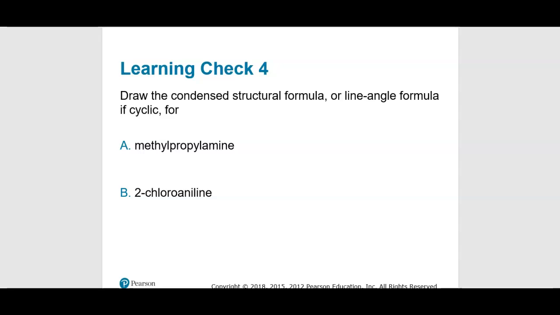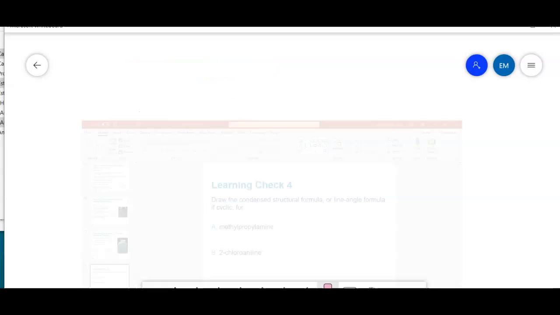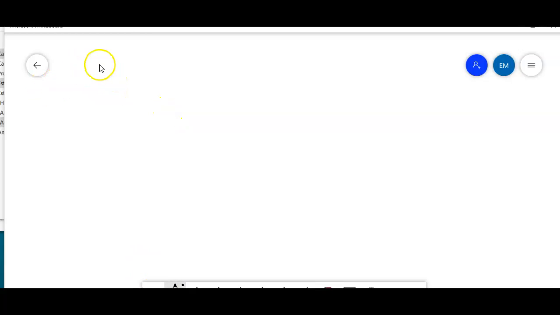Methylpropylamine. Right away, you should be able to see that this is going to be a secondary amine. Because how many alkyl groups are mentioned? 2.